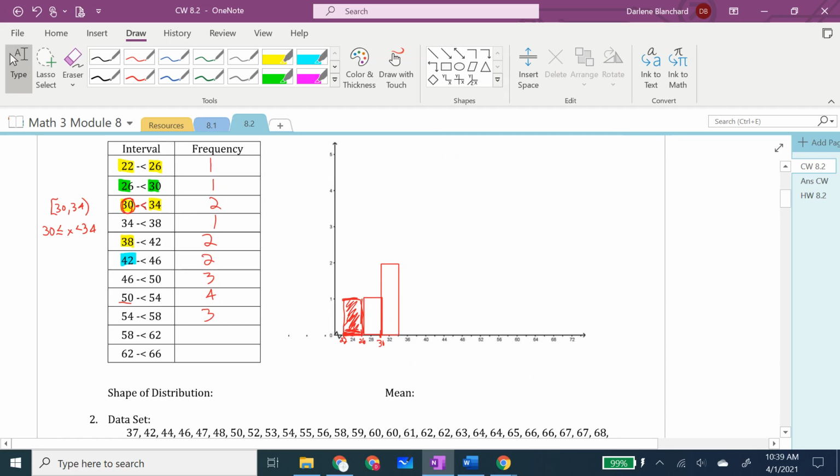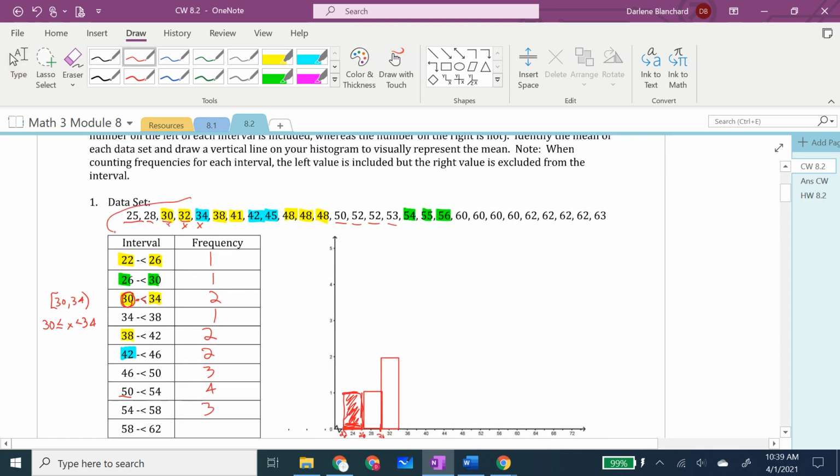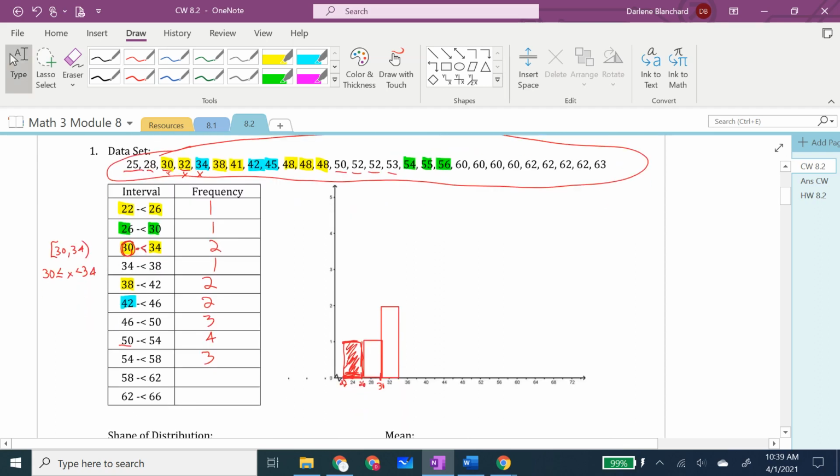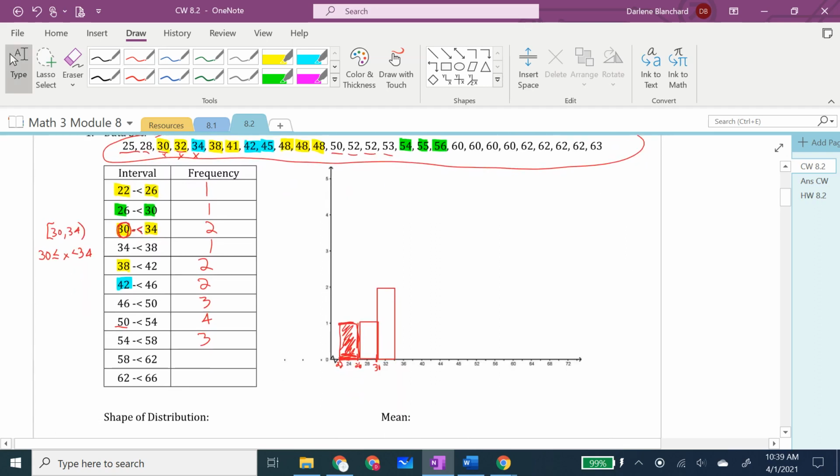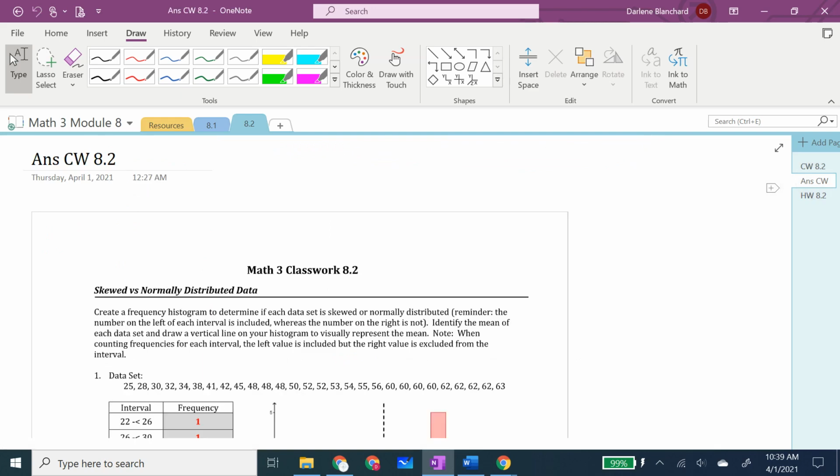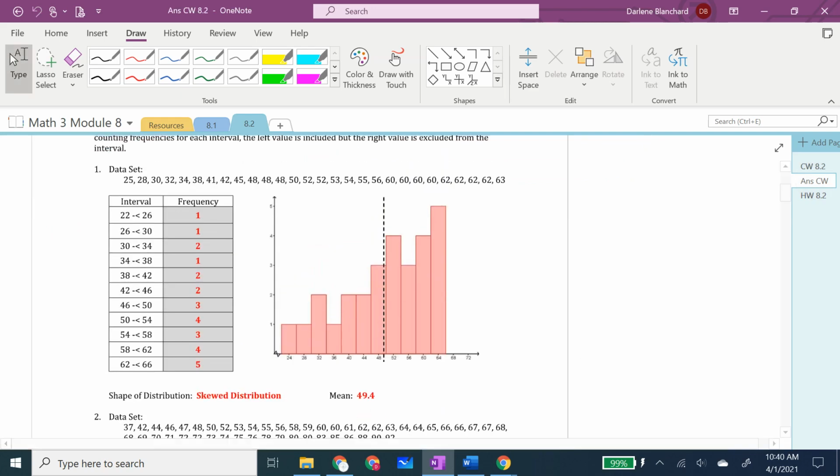Now, using a calculator or a computer program, you can enter this data set and you can figure out what the mean is of that. And I'm going to throw the answers at you now to take a look.